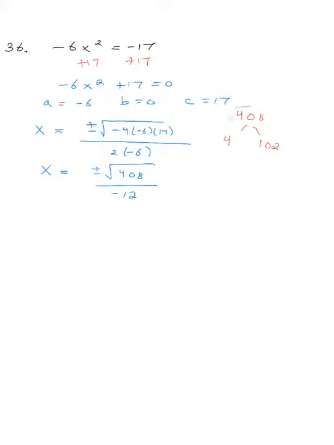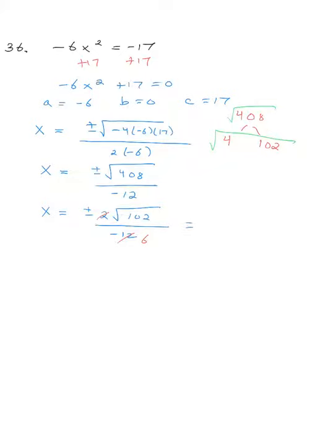So this means if you take the square root of 408, you're really taking the square root of 4 and 102. And the square root of 4 is 2. This is x is equal to plus or minus 2 the square root of 102, all divided by negative 12. And 2 can cancel to give us a 6.